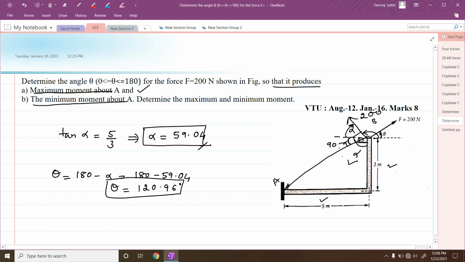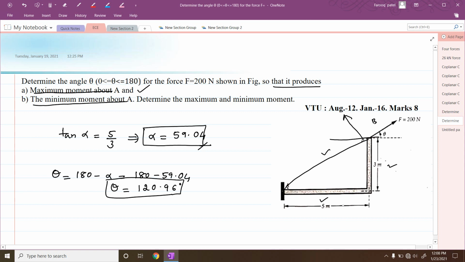Then next, to calculate the maximum moment, that is force into perpendicular distance, we have to take the force into the perpendicular distance. This is the line along which we will apply the force, the line joining these points. Now this distance has to be calculated.